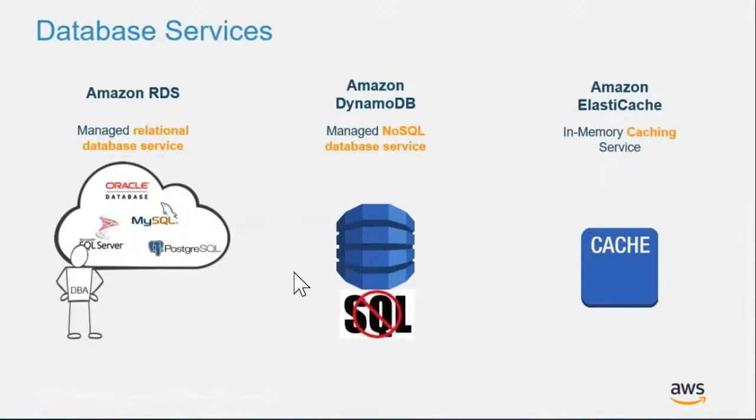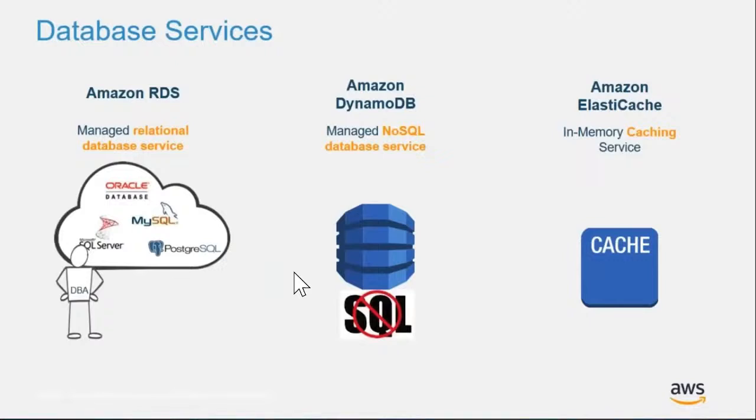Today, Amazon RDS offers six database engines: Oracle, PostgreSQL, MySQL, SQL Server, MariaDB, and more. Also, AWS has Amazon DynamoDB, which is a managed NoSQL database service.